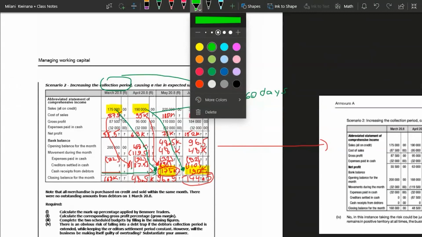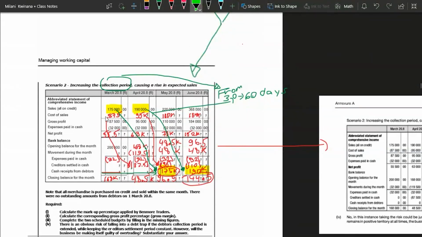Okay, the cost of sales. Let's look at the cost of sales. We are going to pay our creditors, the people who sold us on credit. Where are we getting our merchandise in the first place?